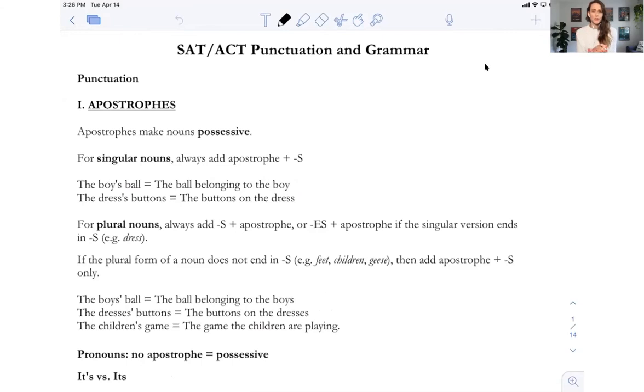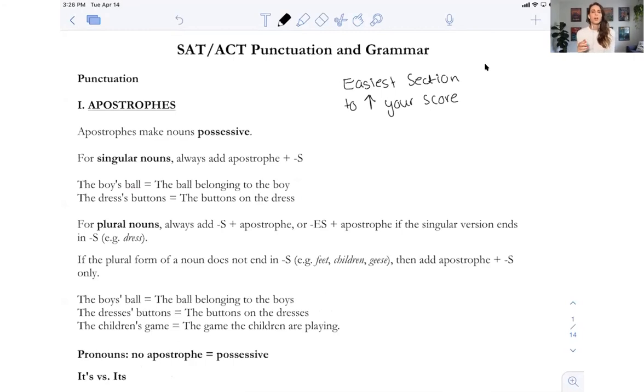So another thing to keep in mind for writing and language in the English section for the ACT is that it's the easiest section to increase your score.